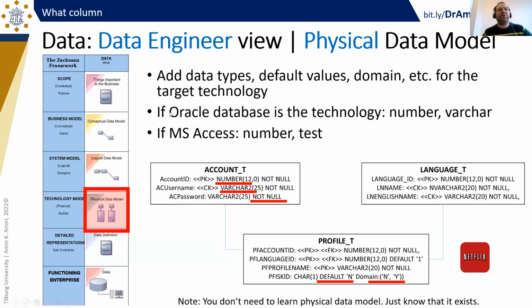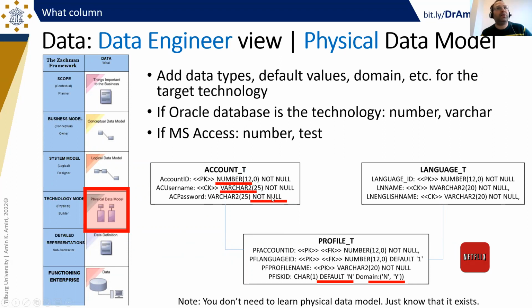For example, if this model has to be implemented in an Oracle database, then he uses number. It's a 12-digit number, and there are no decimal points. Or this is a text. It's called varchar, and there can be 25 characters.